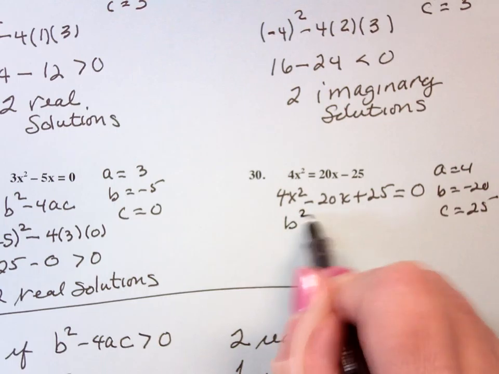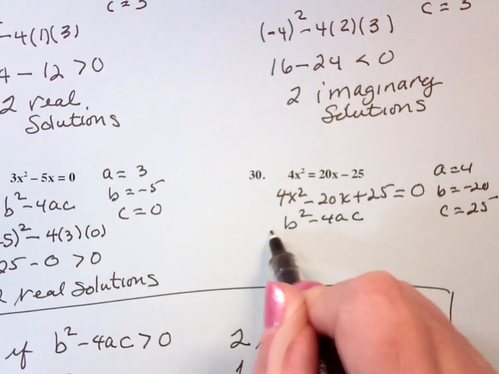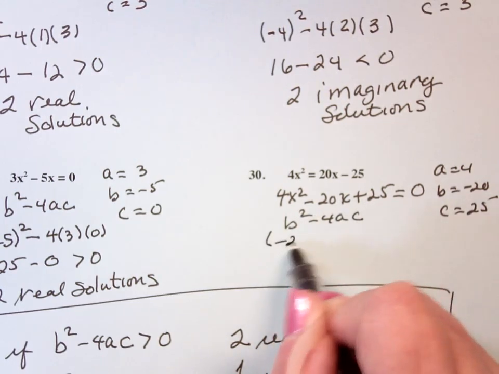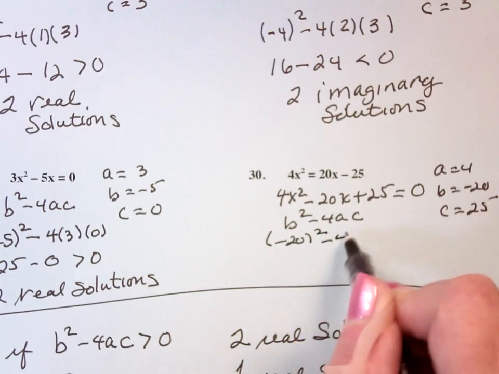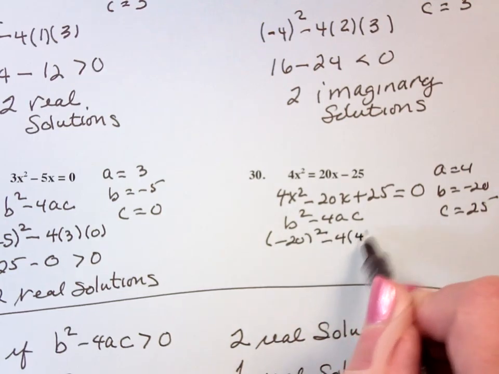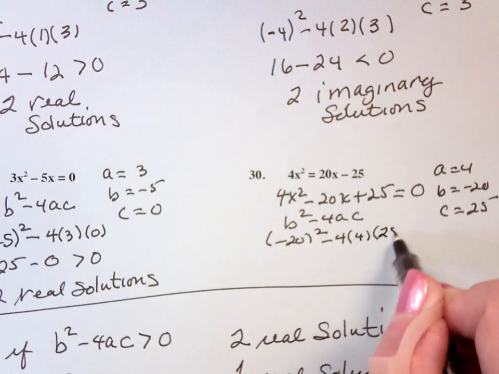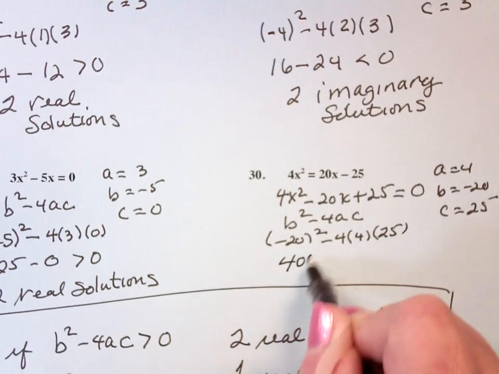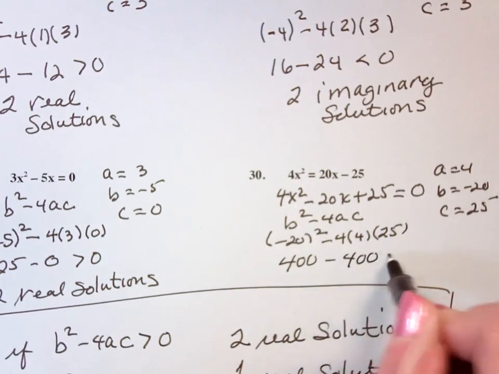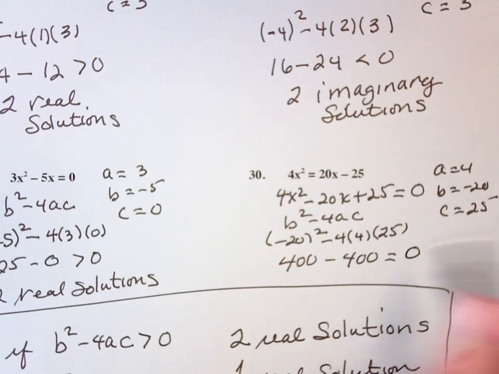So b squared minus 4ac gives me negative 20 squared minus 4 times a, which is 4, times c, which is 25, which is 400 minus 400, which is, and how many solutions do I have?